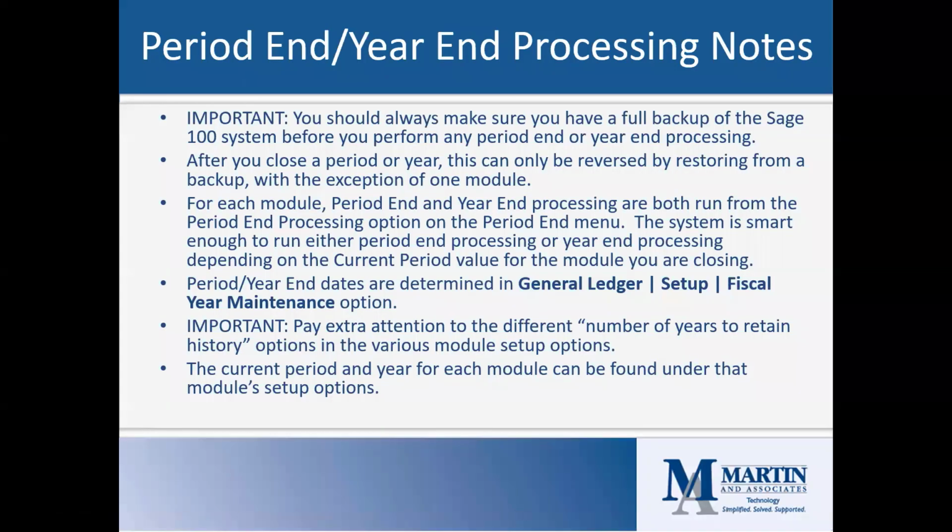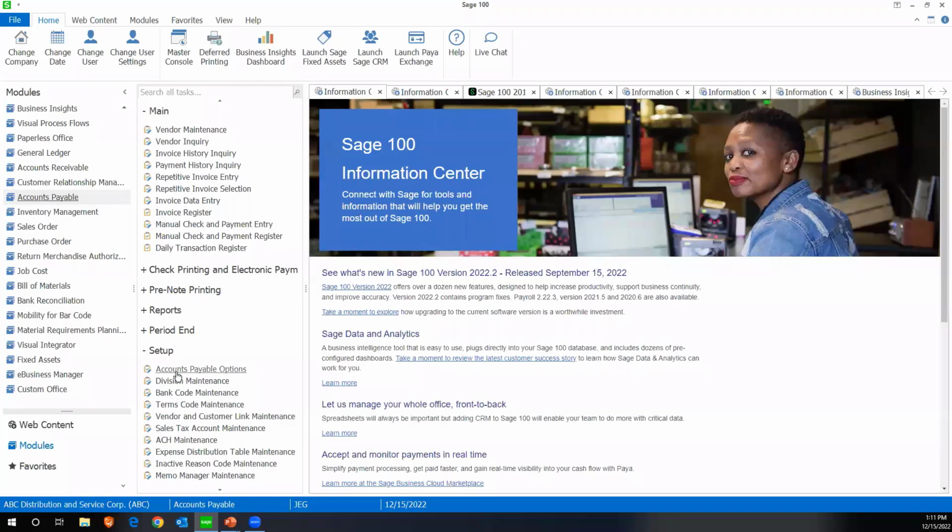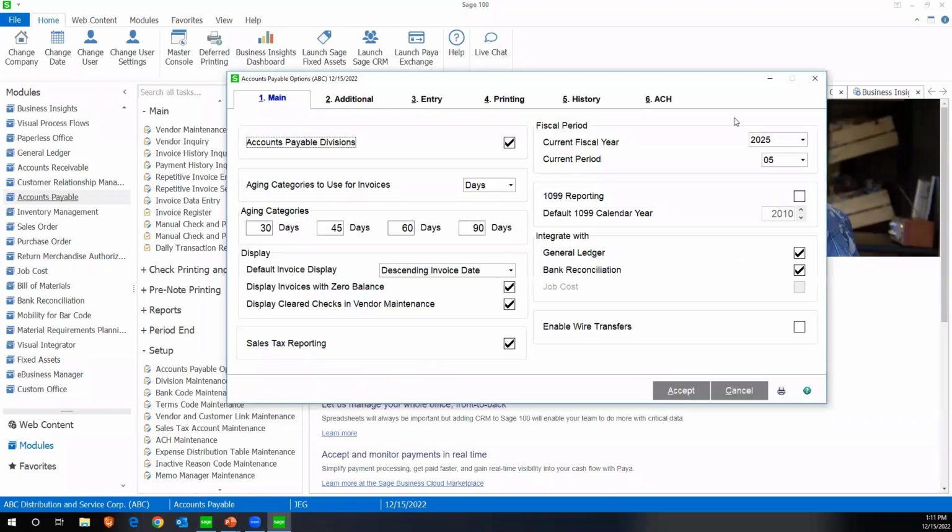The system is smart enough to know whether it needs to perform a year-end processing or a period-end processing. And the way it determines that is when you are in that particular module, it'll look at the setup options out here. Okay, so I'm in accounts payable, for instance.